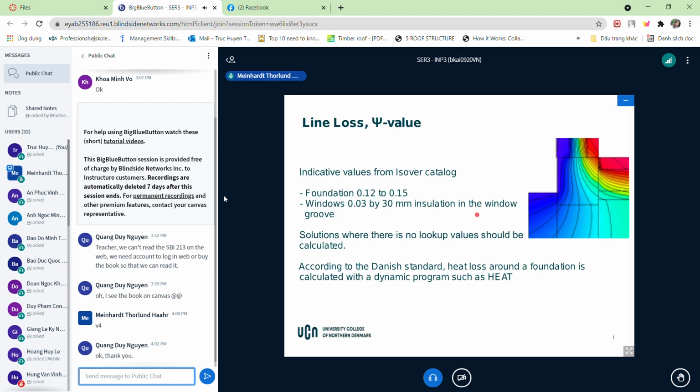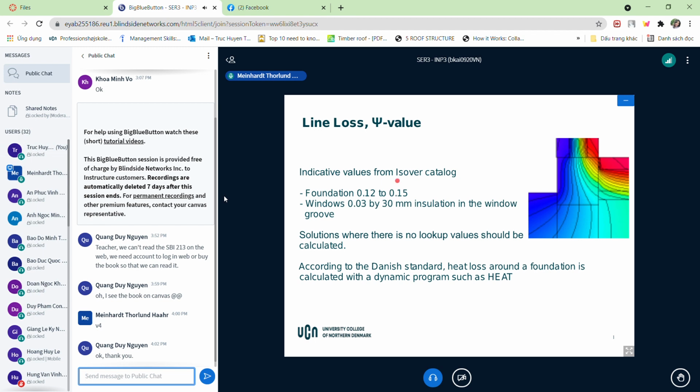Basically, what the linear loss means is that the easiest way for heat to exit is going directly outside, instead of just going vertically or horizontally. So horizontally or vertically, the heat will have an easier way to exit through your concrete foundation or whatever material we use there.